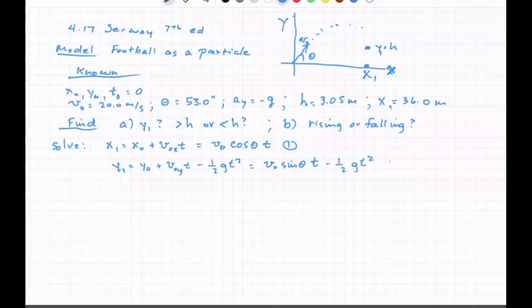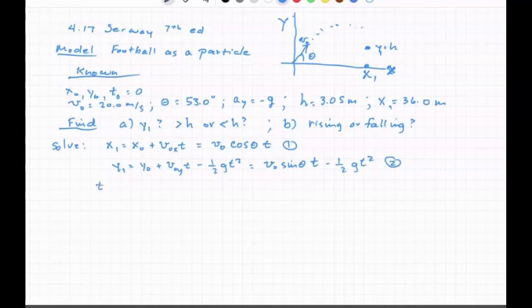We'll call this equation 2, which we want to solve in order to answer part A. But we don't know what the time is directly from this equation, so we have to use our equation 1, solve for the time, and then plug that into equation 2. So let's do that.